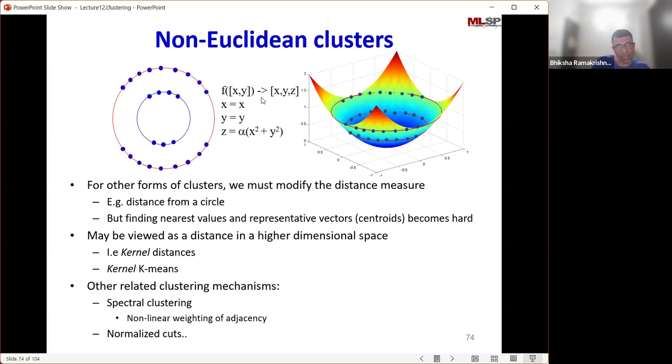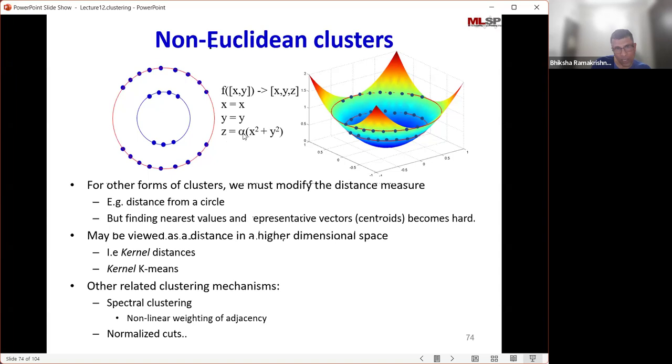To do this, I'm going to retain the xy coordinates of the individual data, but then I'm going to add a z coordinate to each of the data points. The z coordinate is going to be some alpha times the squared norm of the vector, which is the squared distance from the center, assuming the origin is at the center.